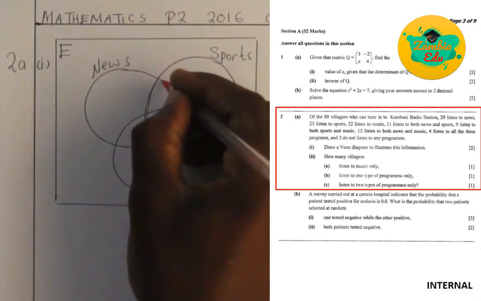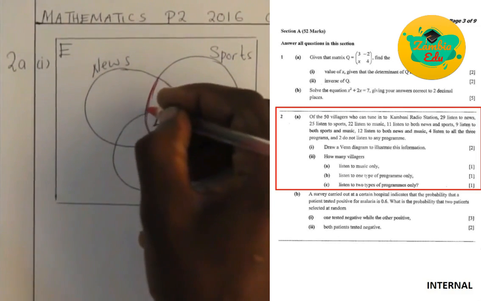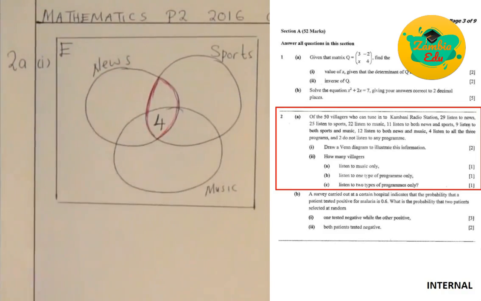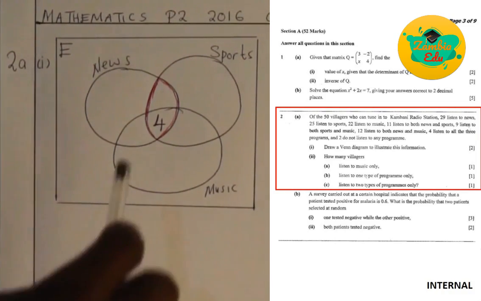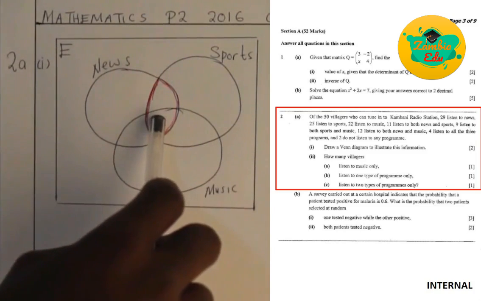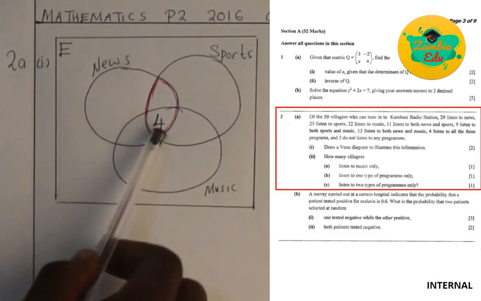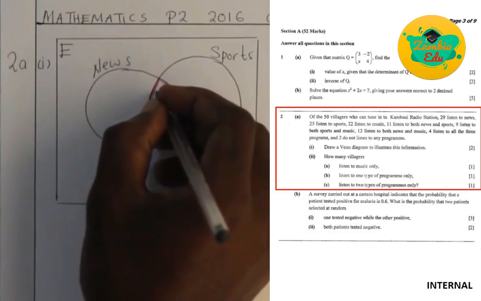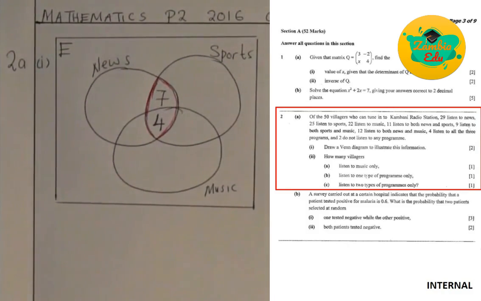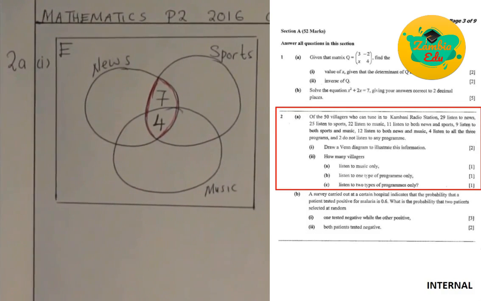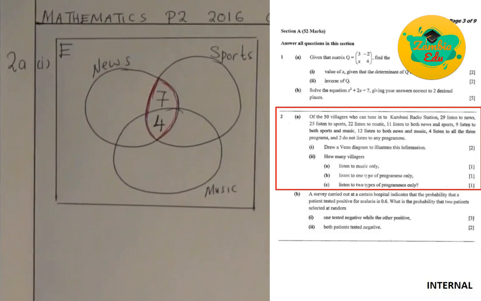However, we notice that the part already filled in is 4, which means that for us to find the remaining number, since the total is 11, we have to subtract: 11 take away 4 gives us 7 there.